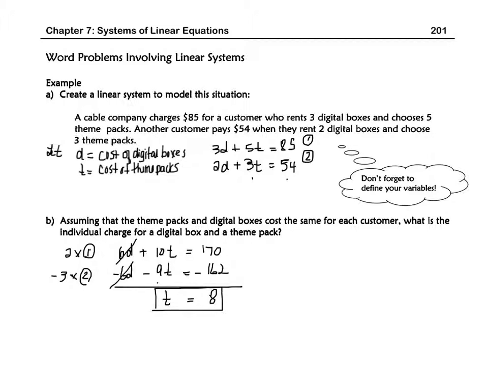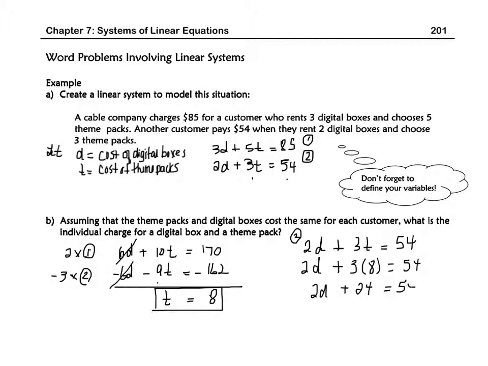And then to get my cost of the digital boxes, I'm going to go back to one of my original equations, and I'll just pick the second one there. 2D plus 3T, we know is 54 from our second equation, and we just found out that T was 8. So therefore 2D plus 24 has to equal 54.